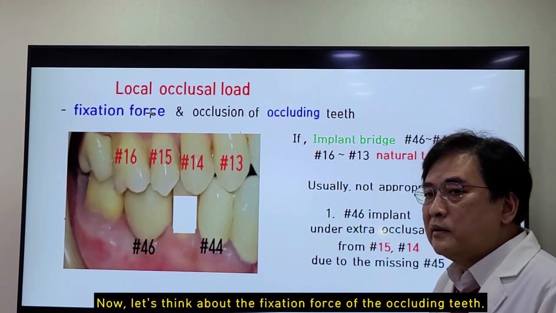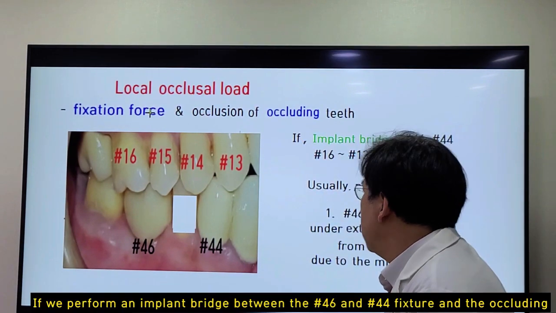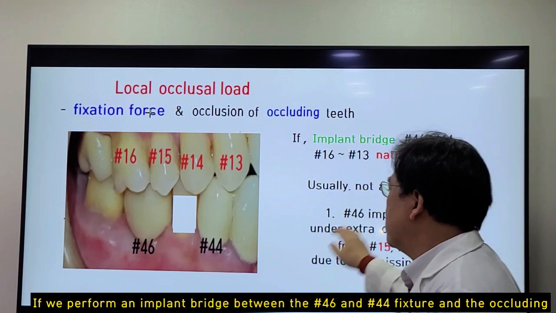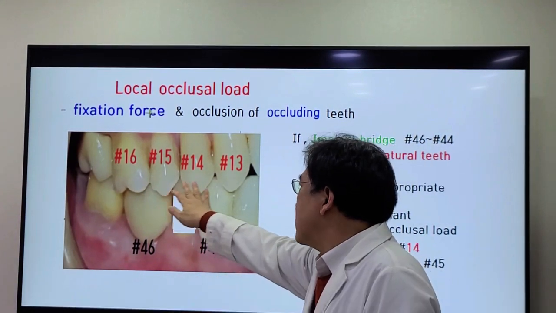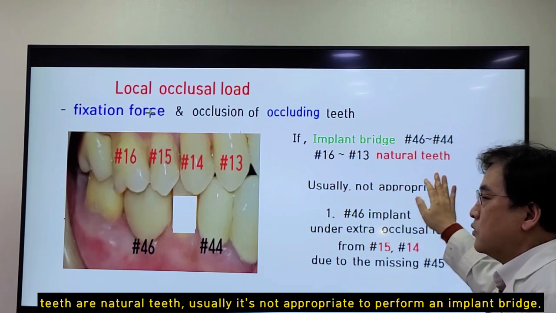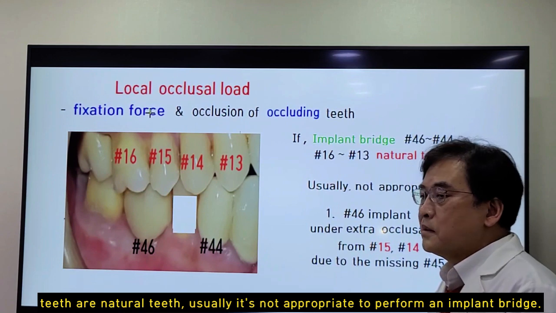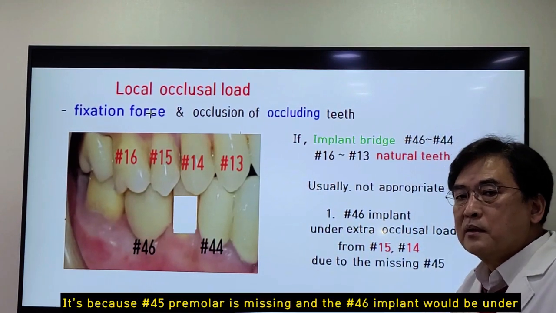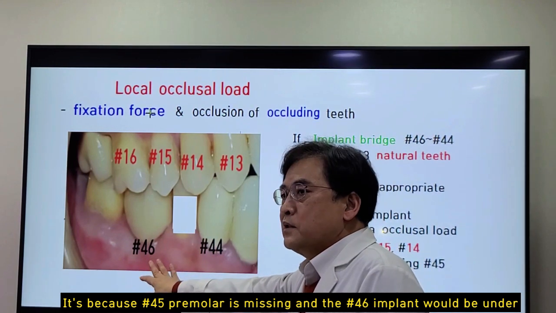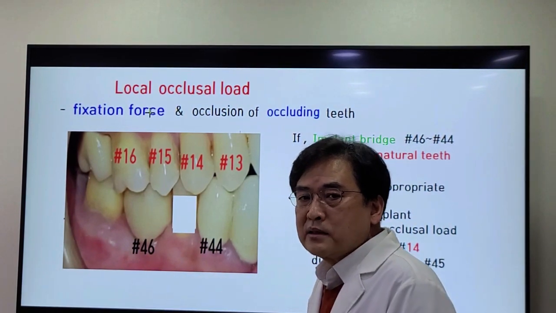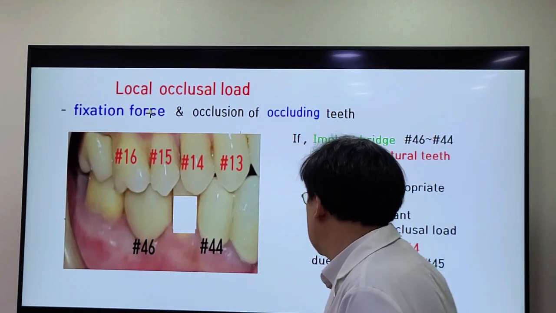Now, let's think about the fixation force of occluding teeth. If we perform an implant bridge between the 46 and 44 fixtures and the occluding teeth are natural teeth, usually it's not appropriate to perform an implant bridge. It's because the 45 premolar is missing and the 46 implant would be under extra occlusal load from the 14 tooth.